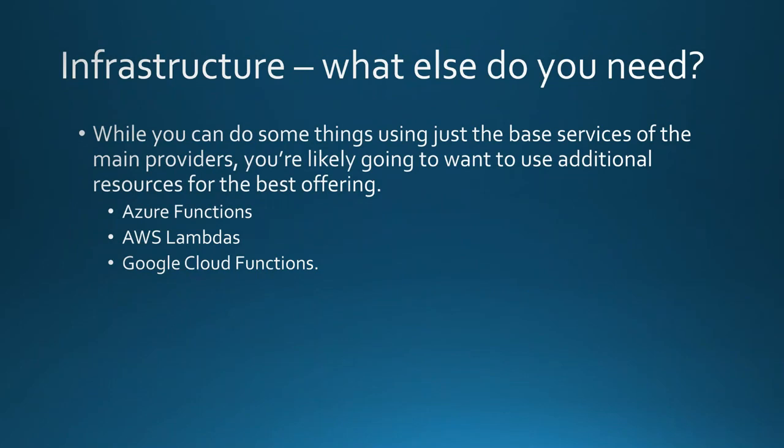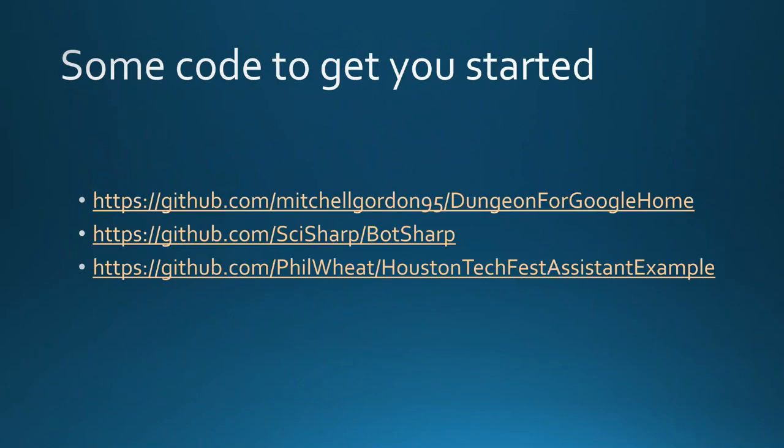And here we go. Some code to get you started. I've got some links here for the GitHub. The first one here is that Zork that I mentioned. It's written in JavaScript. I can pull it up here in just a second, but basically it goes through and does that discussion. Hit thief with sword.